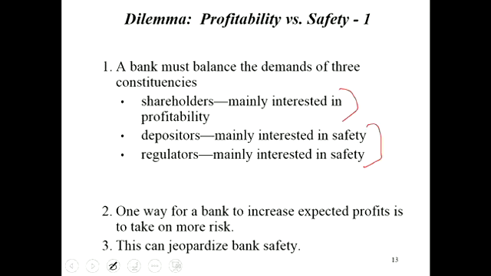They want safety, and for that, they're prepared to accept relatively low returns. And so not only do you have to manage this yourself as a bank, but you've got competing interests that you have to take care of. Because shareholders, if they don't like you, they'll sell your shares and the price will go down. But depositors, if they don't like what you're doing because you're too risky, they can simply go to another bank. And so you've got to balance the needs of all these people.